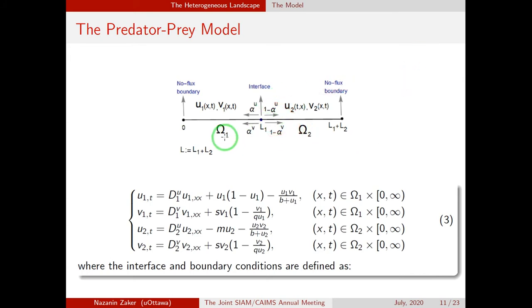Patch 1 is denoted by omega 1, and the population densities on patch 1 are denoted by U1 and V1 for our prey and predator respectively. Similarly, patch 2 is denoted by omega 2, and the population densities are denoted by U2 and V2 for our prey and predator respectively.